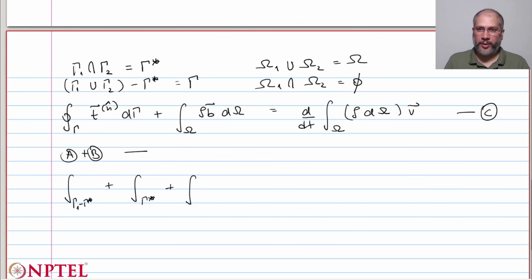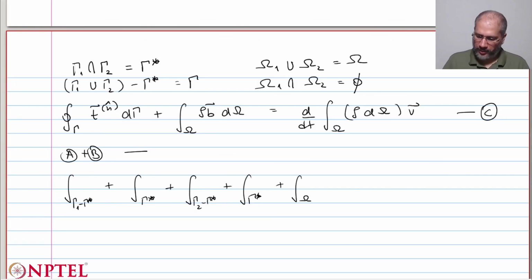And then from equation B, we take gamma 2 minus gamma star integral over the area, and then we have a gamma star integral coming from part 2. Now the integral may not be the same, it's just that this is the integral over gamma star for part 2.